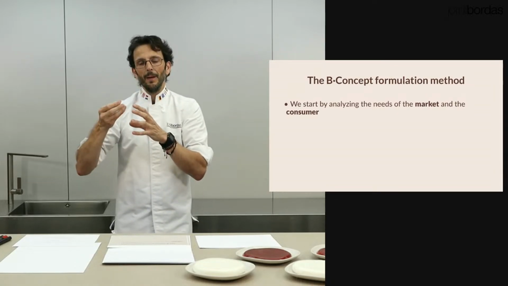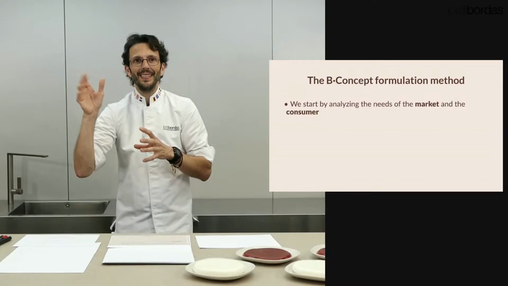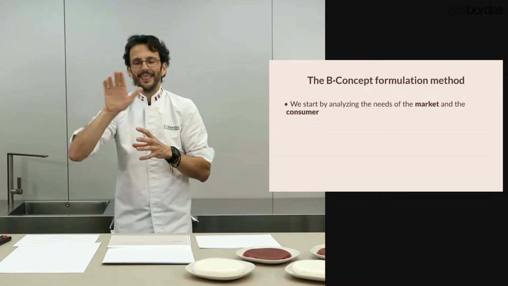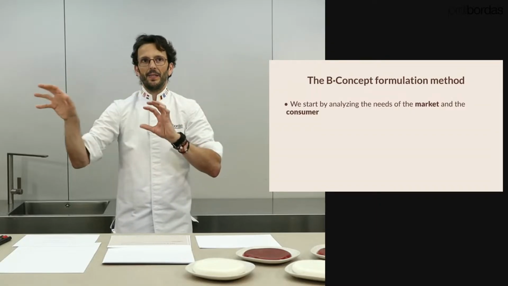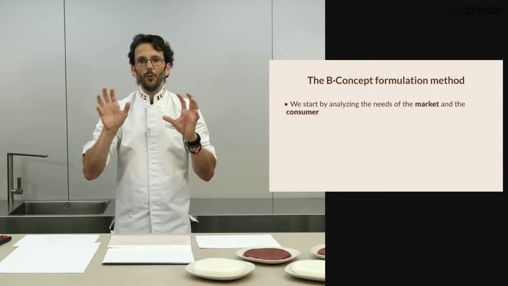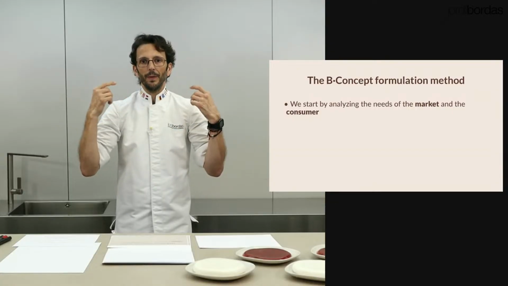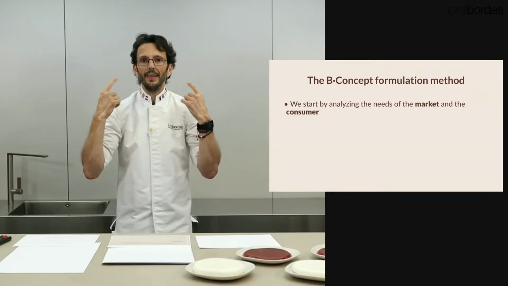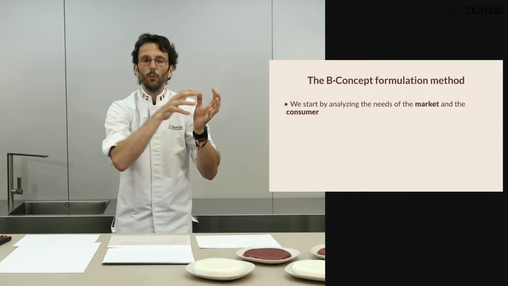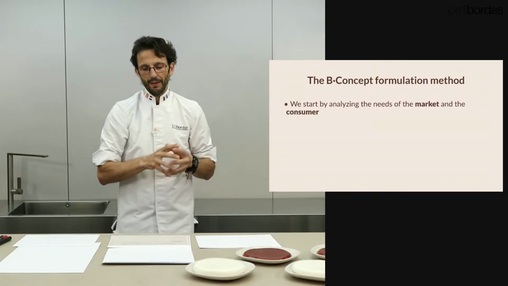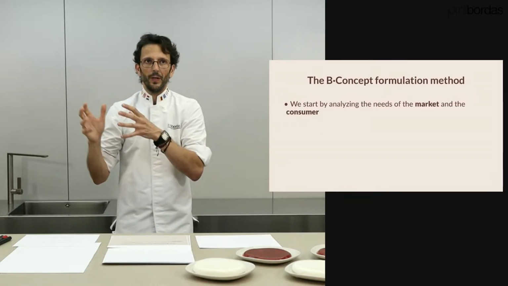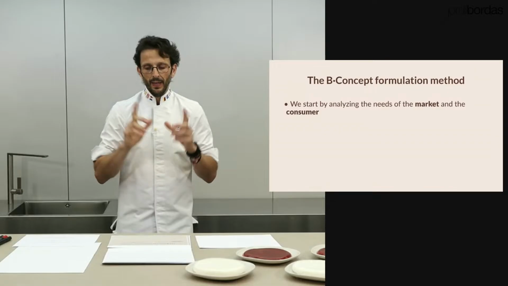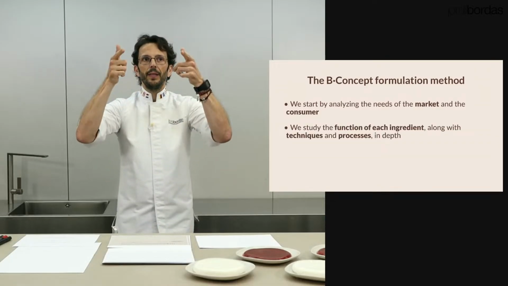Less sweetness, more light texture, and the intensity, acidity, bitterness, they don't like. So it depends what part of the world you are. The customers are going to be different, and you need to formulate in a different direction. And this is something that we explain when we explain the concept method and how to formulate the recipes from scratch. Okay?